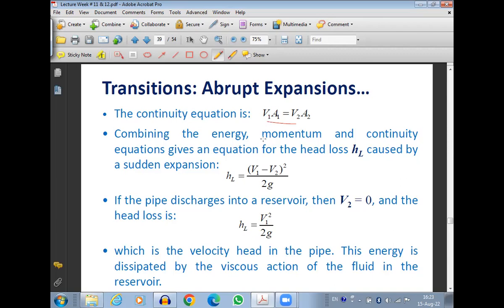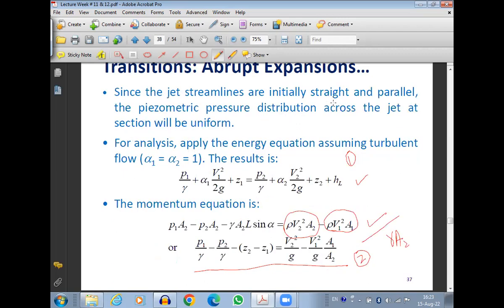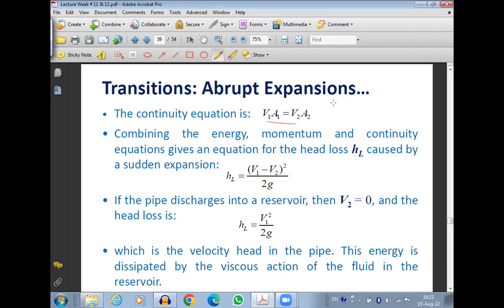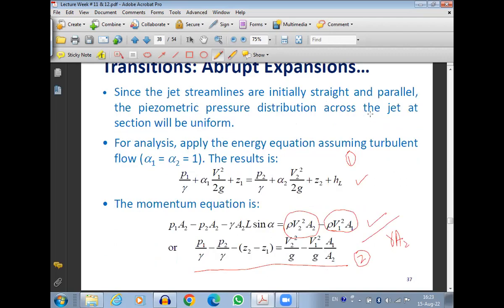Now what we can do is combine all three equations together. From the continuity equation, we have A1 by A2 equals V2 by V1. In the momentum equation, A1 by A2 is just substituted by V2 by V1.